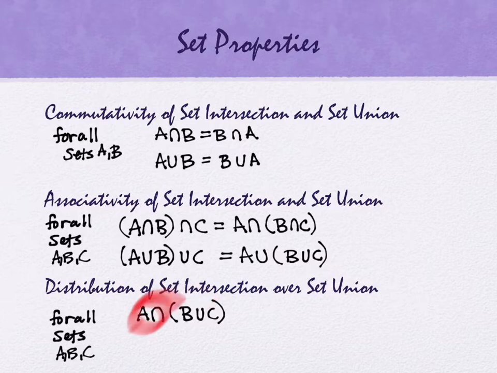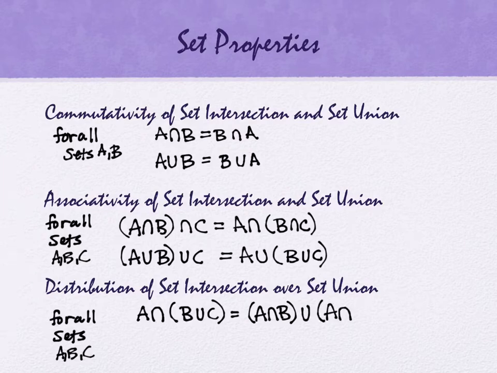It looks like distribution. This is A intersect with B, and then union A intersect with C. So instead of doing the union and then the intersection, I could do two separate intersections and then a union, and I'll get the same thing.